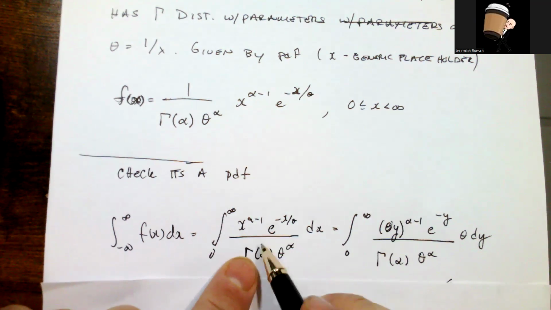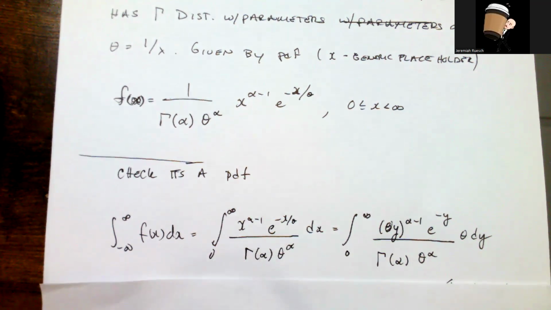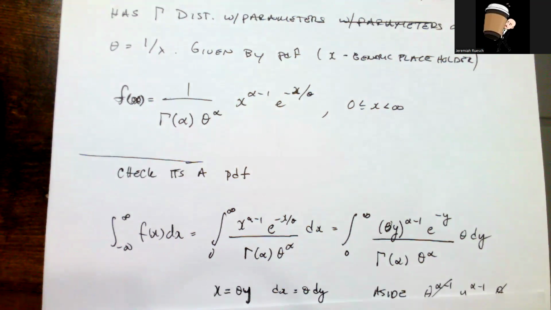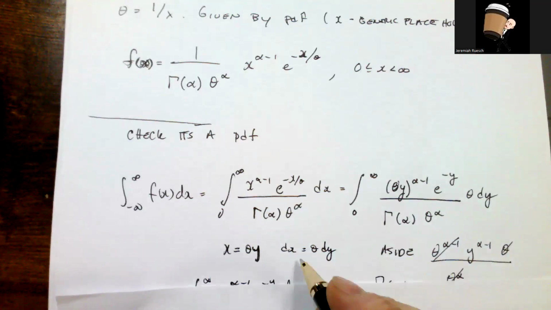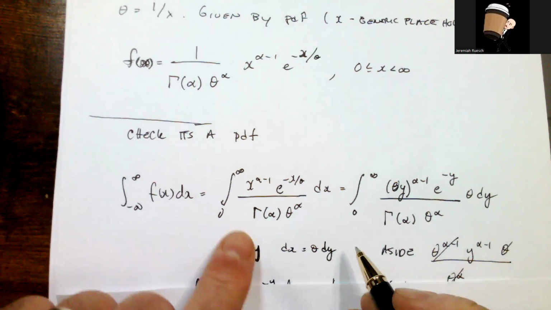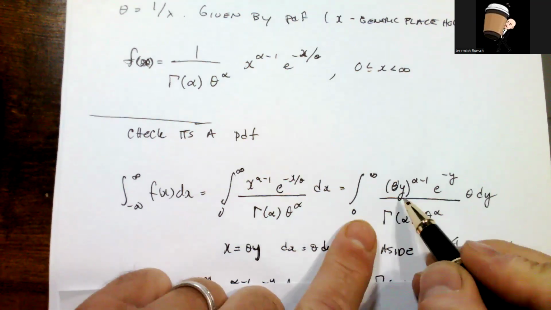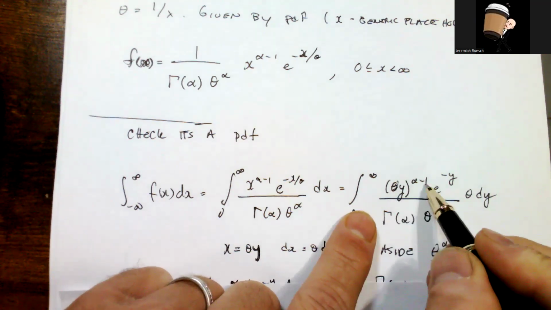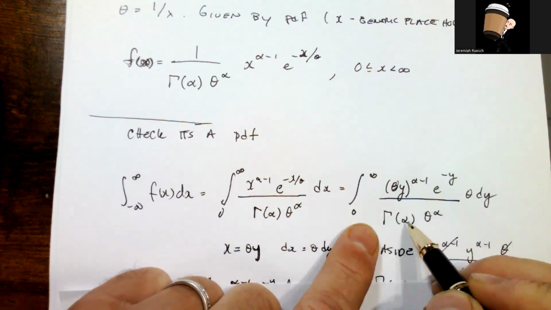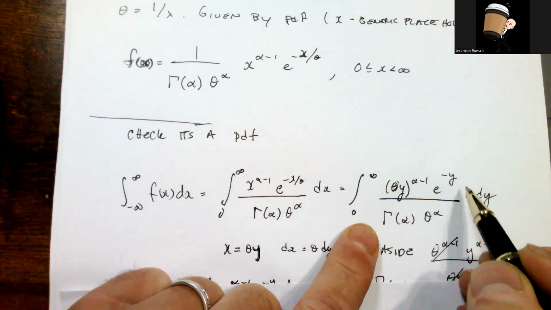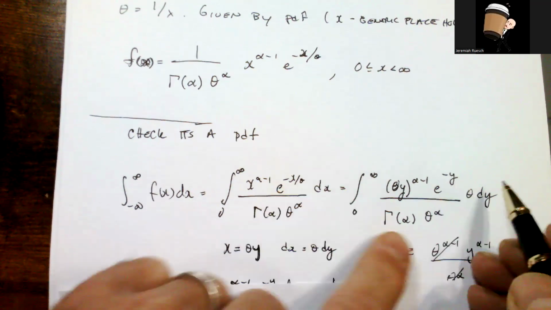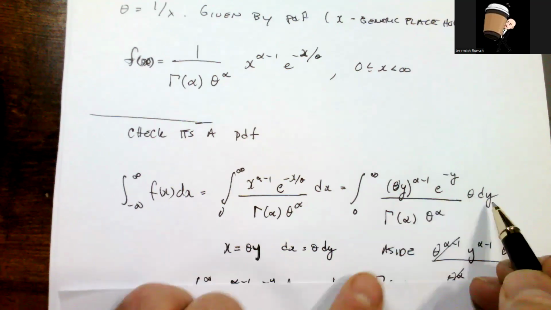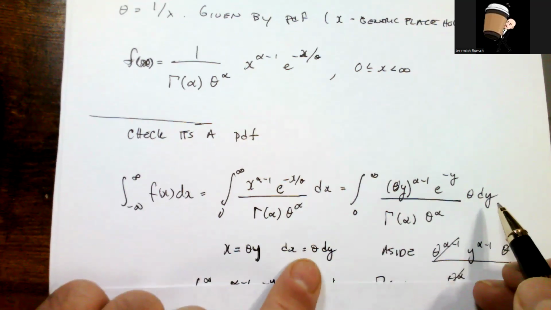If we make a substitution, a change of variables, and let x equal theta y, note that dx is equal to theta dy. Substituting those values in, you get theta y to the alpha minus 1 over gamma of alpha theta to the alpha, e to the negative y. The thetas cancel, and then I have a theta and a dy left over from the change of variables.